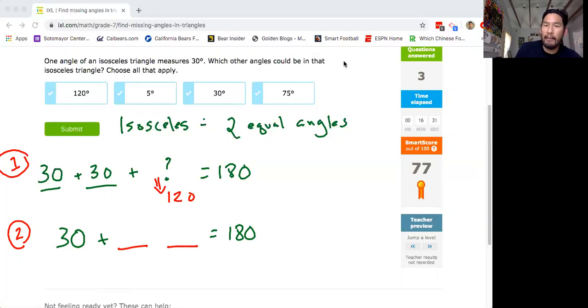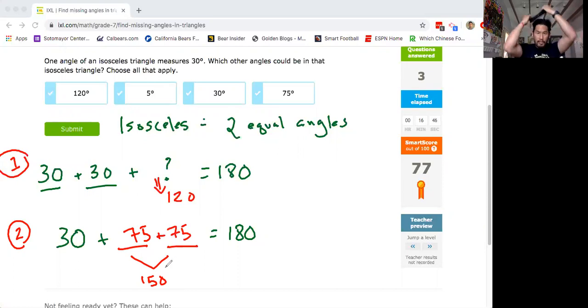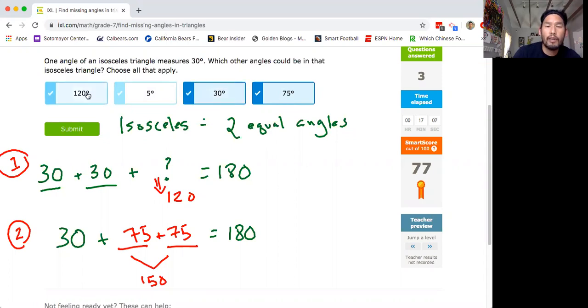That means I have 150 degrees to split between two angles. That means each one has to be 75, because 75 plus 75 equals 150, plus 30 equals 180. So this is a super interesting, challenging problem. So I have two different answers that could be right. Two angles could be 75, and the other angles could be 30 and 120.